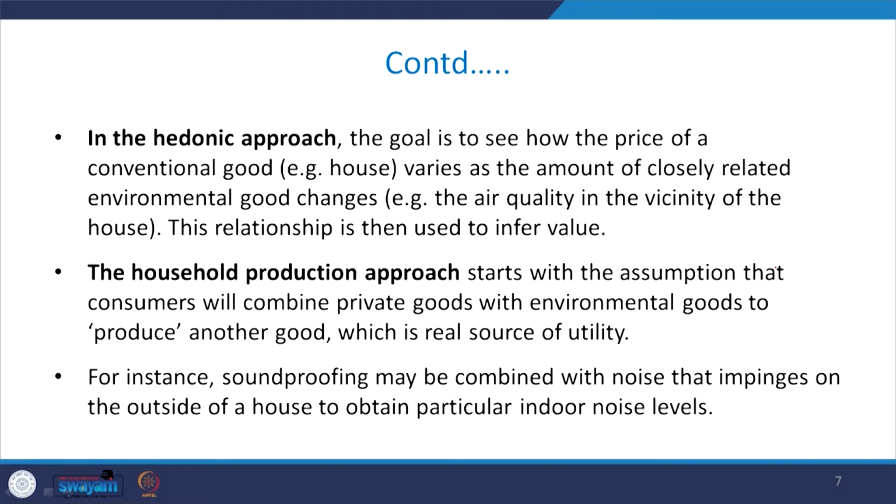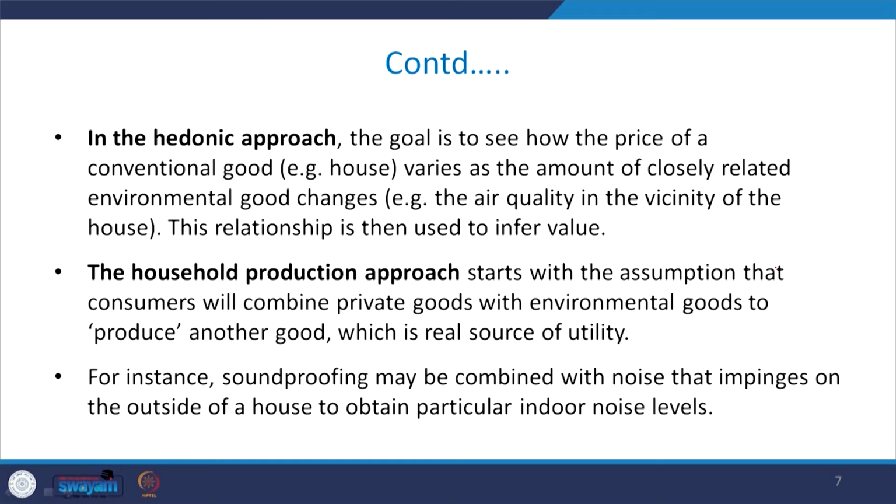The household production approach starts with the assumption that consumers will combine private goods with environmental goods to produce another good, which is the real source of utility. So, in a household production approach, two products are combined and a third product is generated.